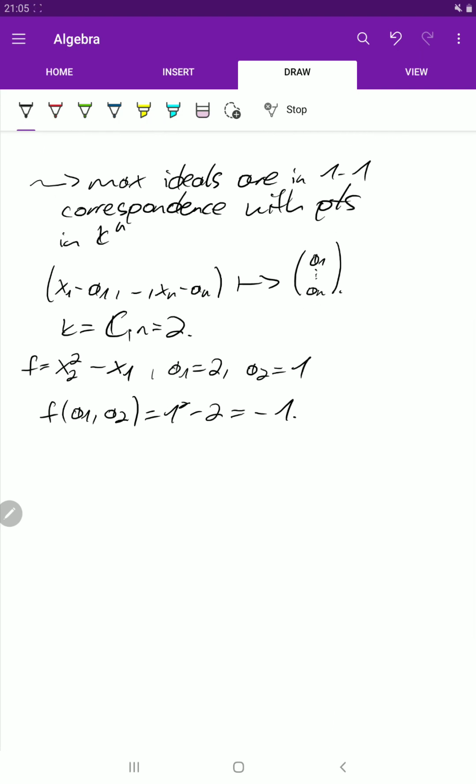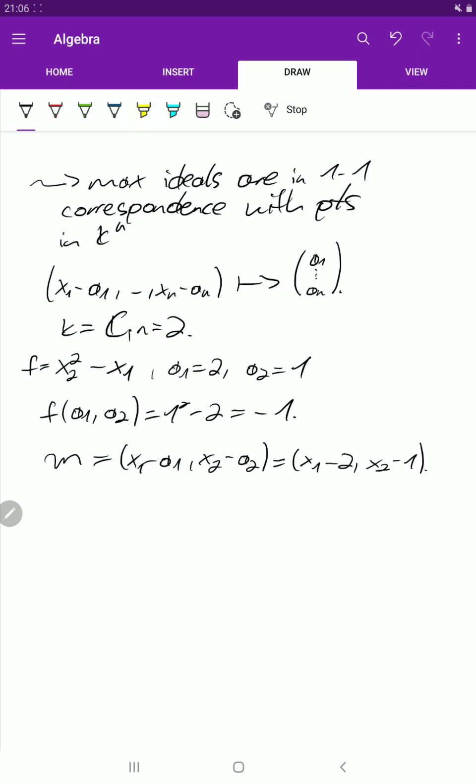Okay, now let's consider the following maximal ideal, let's call it M. The ideal (x1 - a1, x2 - a2), so the ideal generated by this, and that's (x1 - 2, x2 - 1).